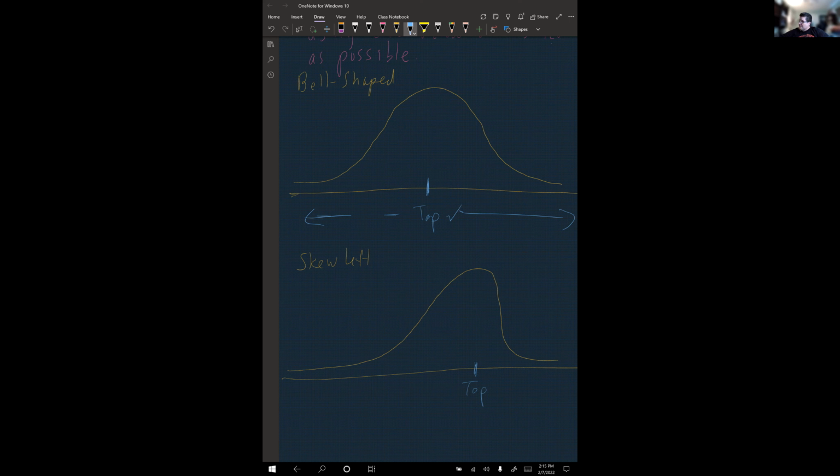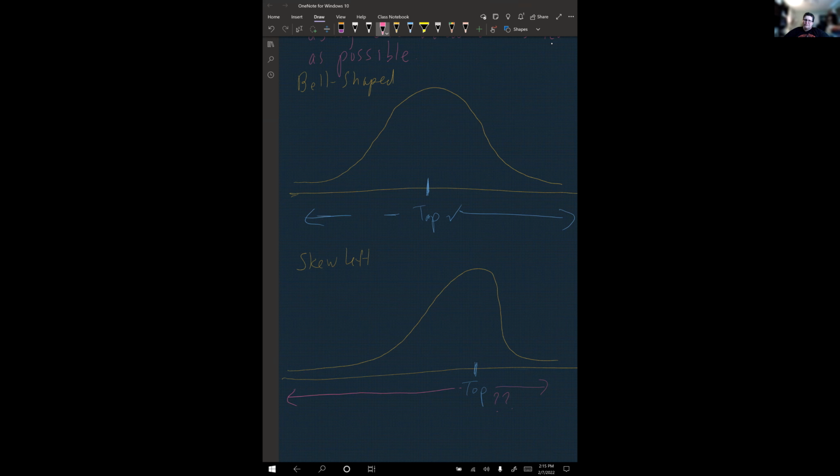When we look at the skew left, though, there's a lot more data over here than there is over here. If we add it all up, there's a lot more going on to the left. So, is the top good? Where would the middle of the data set be?